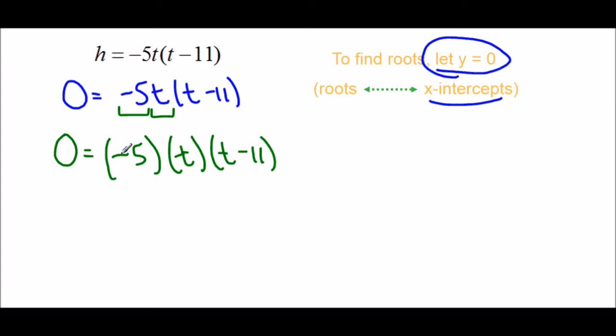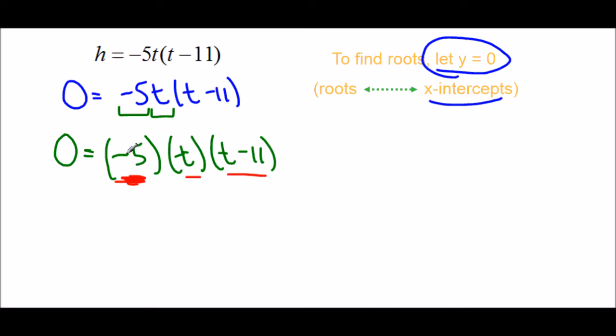Now, we know that anything times 0 is equal to 0, and that's what we want. If any of these three factors was equal to 0, then I would have a true equation, and the t value that made that true would be a root. So let's look at the first factor. Is it possible to make this equal to 0? Well, no, that says negative 5. I can't make negative 5 zero.